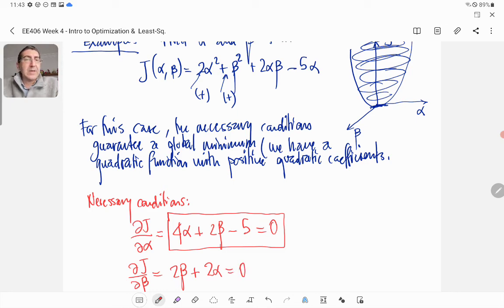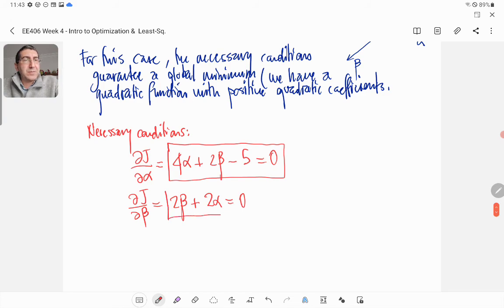Okay, so this is my second equation. So I have a set of two equations in terms of two unknowns. You can basically put it into a vector matrix form, and I'm going to do that for a later example.